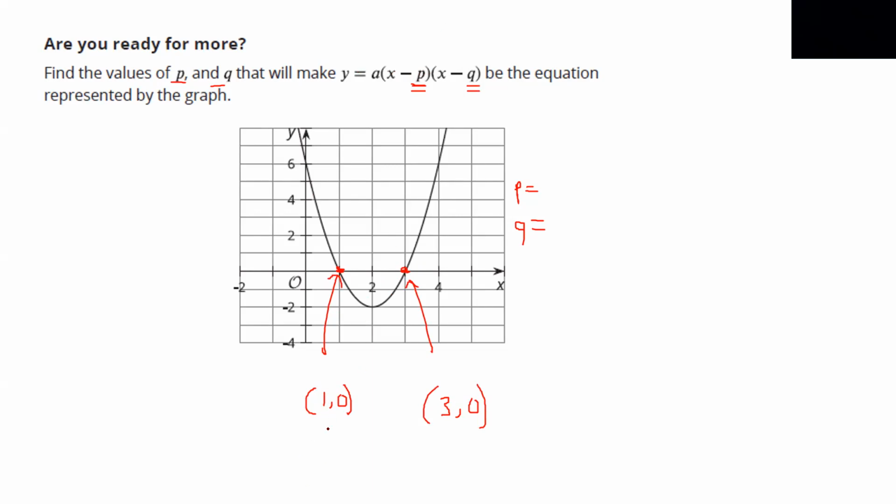So in this case, p will be +1. And since this says x minus q, since this is minus, then when I switch the sign, it's going to be positive, which is this 3 here. So q would be +3. And those would be your answers. So basically, these numbers are the ones that go here and that go in there.